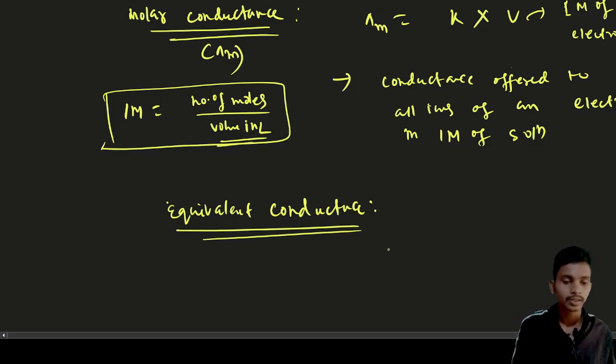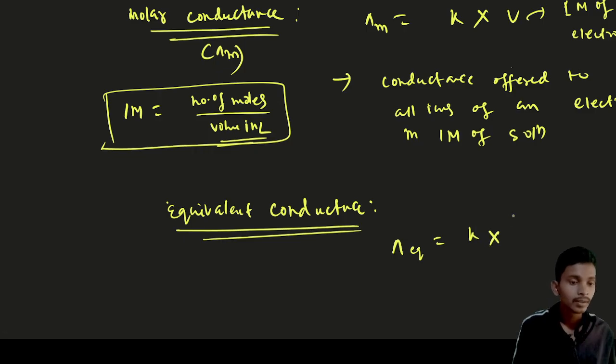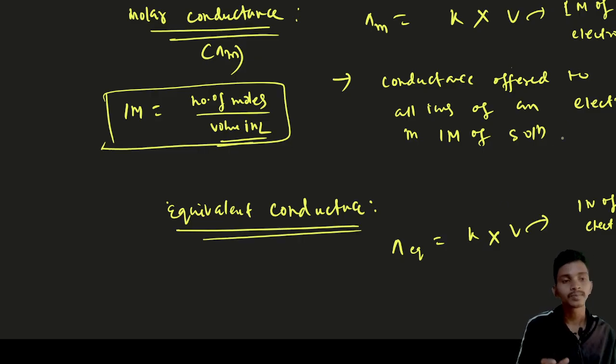Equivalent conductance is the specific conductance into the volume in which 1 normal of electrolyte is present. If we fix that 1 molar of electrolyte is present, then that is called molar conductance.